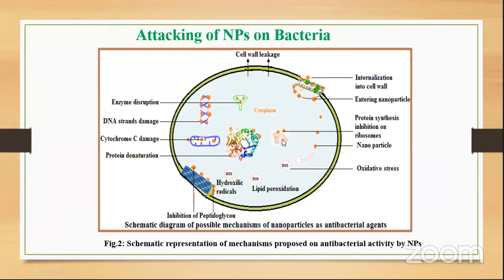So these are the inside mechanisms of the nanoparticle. Finally, the whole cell is completely dysfunctional, destroyed by the nanoparticle. It is a special mechanism of the nanoparticle. This is the reason the majority of people nowadays use nanotechnology for treatment of cancer.